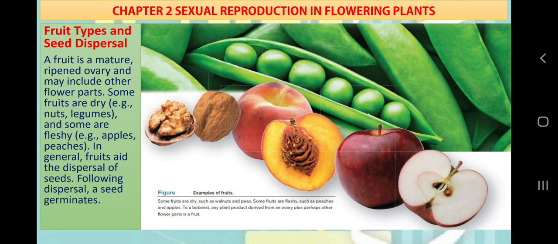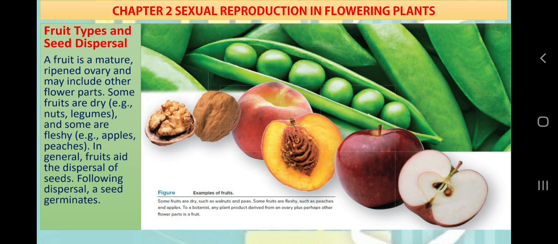Microspore is the first cell of male gametophyte. Male gametophyte is a pollen grain which may have 2 cells or 3 cells depending on the developmental stage, and also has some germ pores. Tube cell will come out in the form of pollen tube when it gets nutrients on the stigma of the carpel.